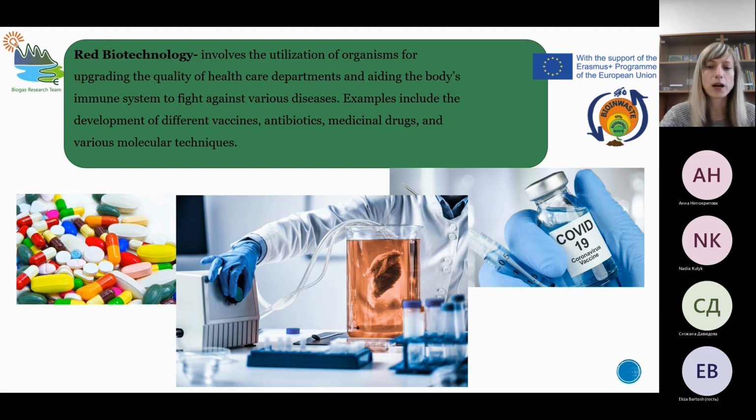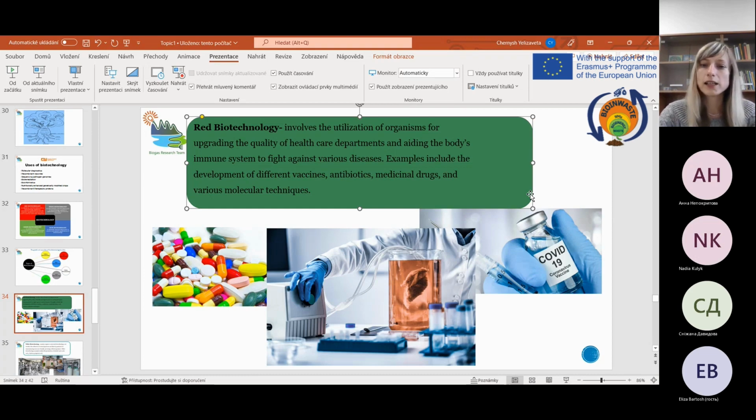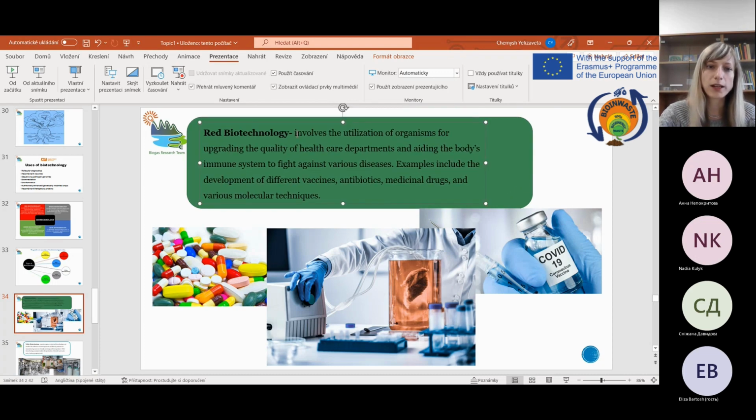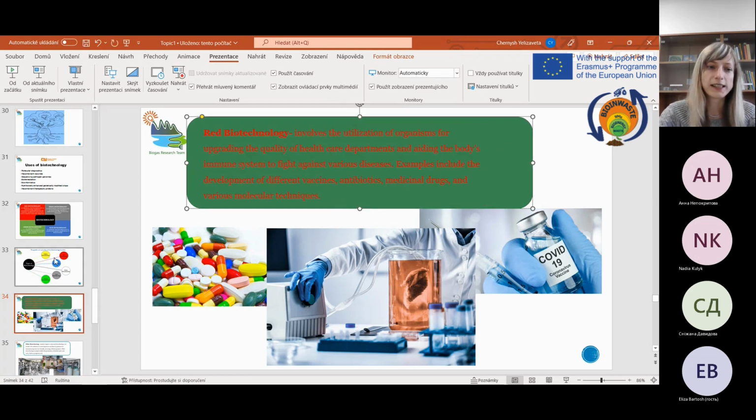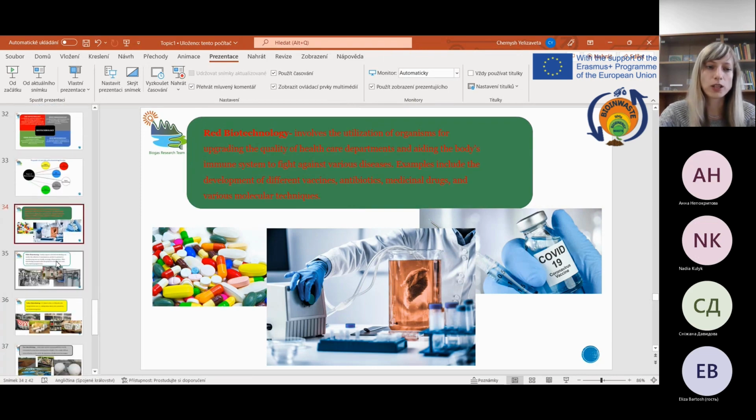So it is red biotechnology, and we often use its products. The first type of biotechnology is red biotechnology, and you understand this type is very important for our life, and mostly traditional.